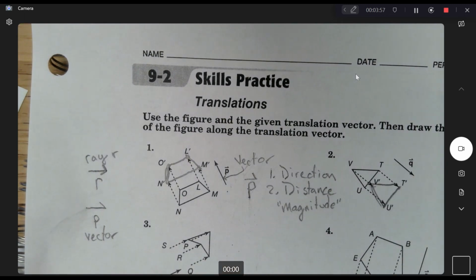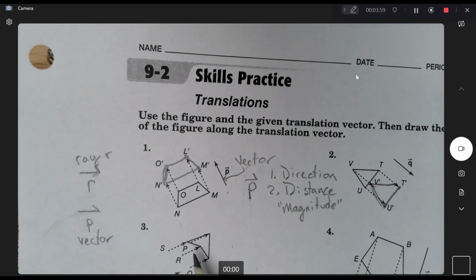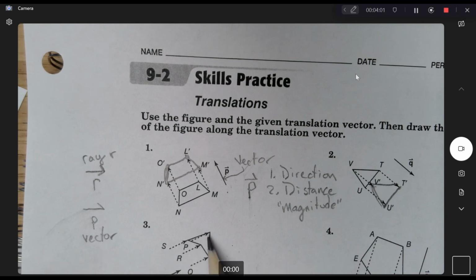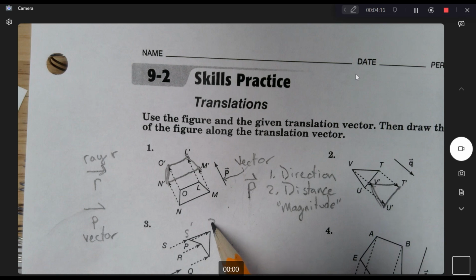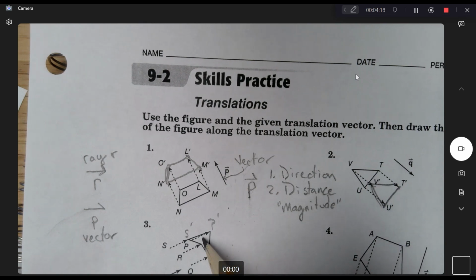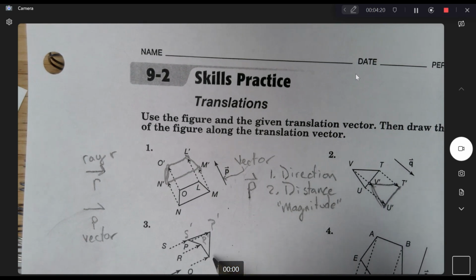This one's kind of interesting because they're showing the back end of the translation. So they're showing where S prime ends up. This must be P prime over here. Here we have R prime and Q prime. So where were the original points?